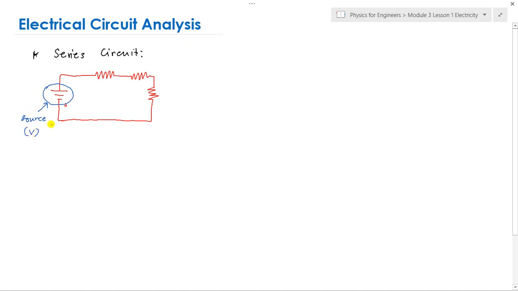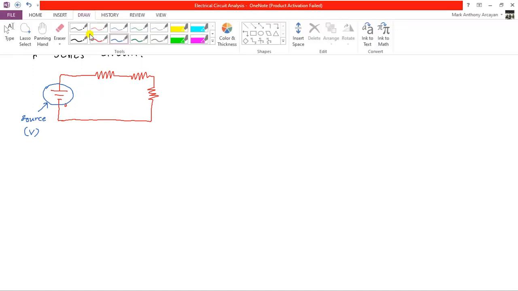The battery possesses a voltage. And for a series circuit, our analogy is to model it as a water system, meaning the pipes are our connecting wires.